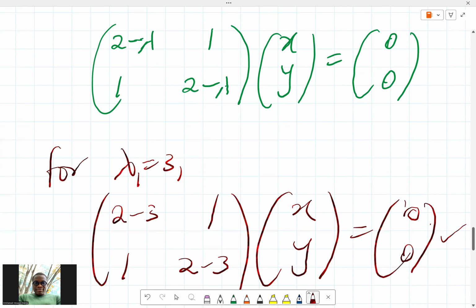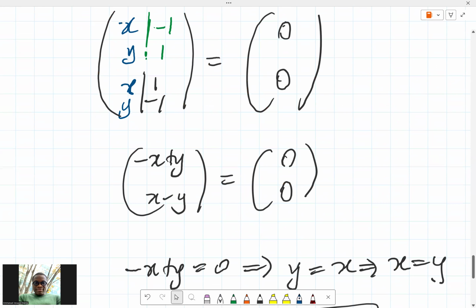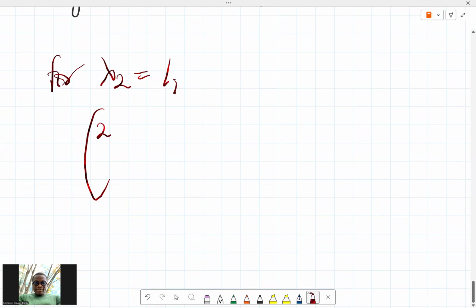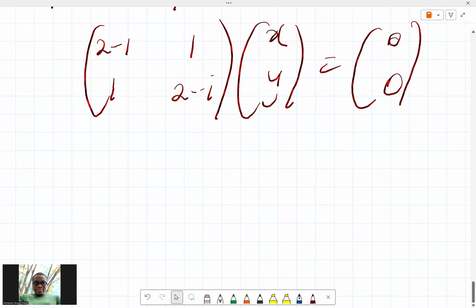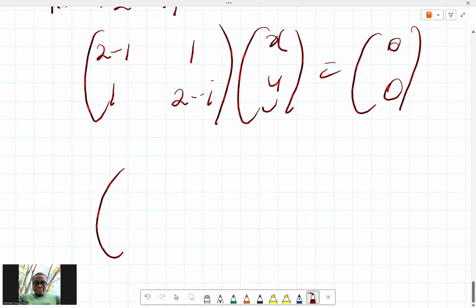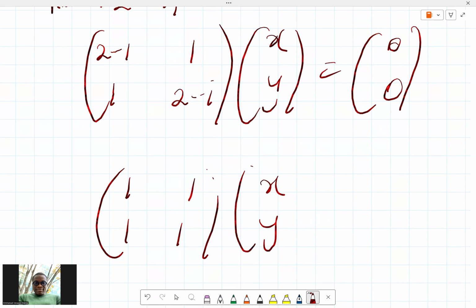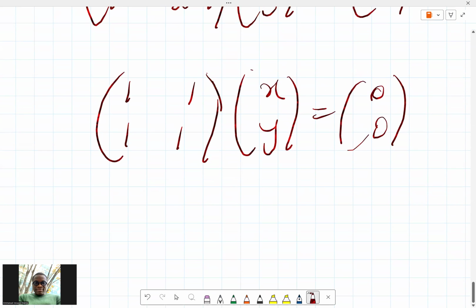That's 2 minus 1, 1, then 1, 2 minus 1 again, times (x, y) equals (0, 0). So we have the matrix [1 1; 1 1] times (x, y) equals (0, 0).